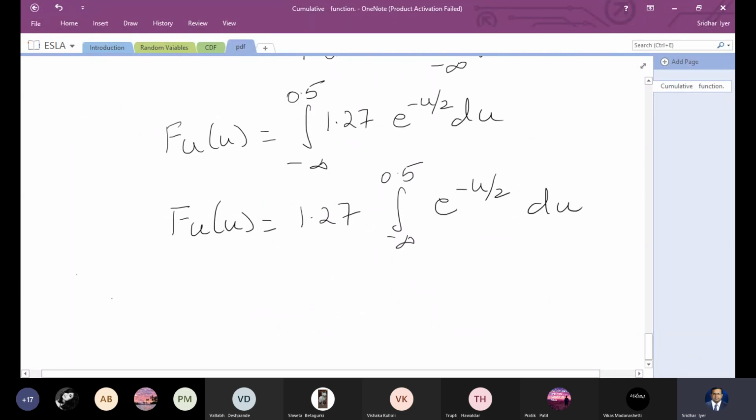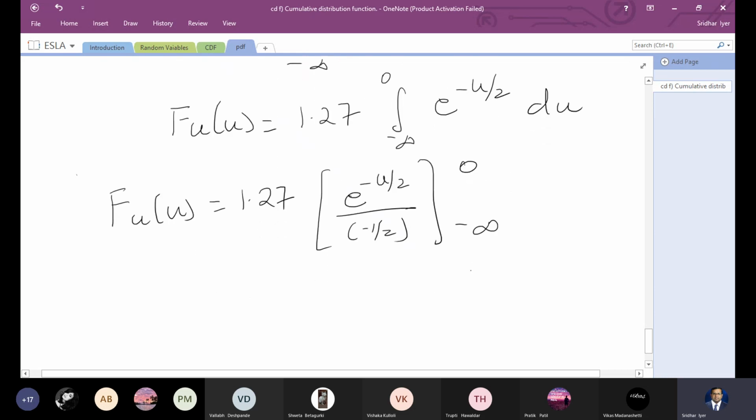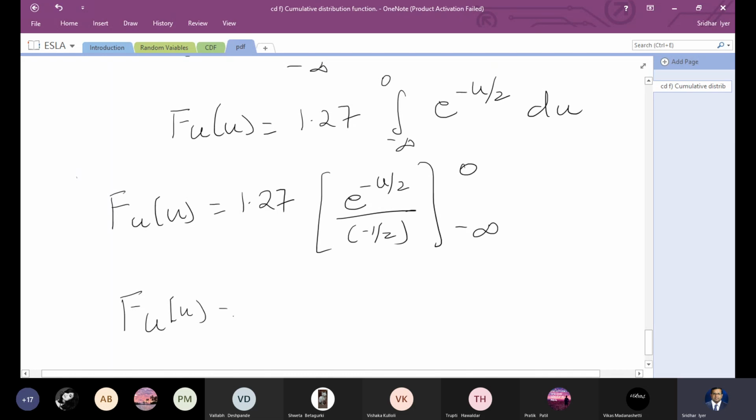Therefore, fu of u will become 1.27. You'll have e raised to minus u by 2 divided by minus 1 by 2, minus infinity to 0. So you have fu of u as 1.27 into, I get the negative 2 from the denominator here.